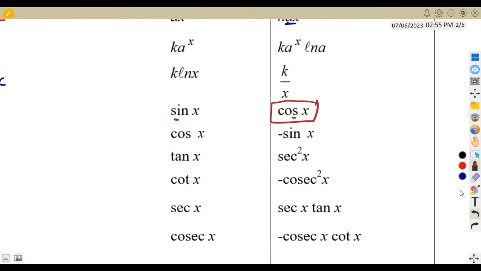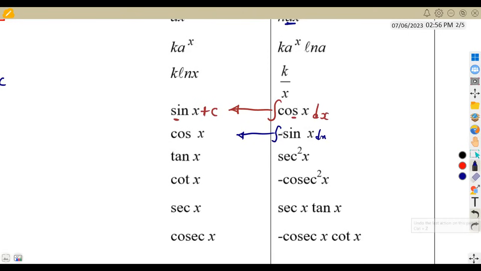This is the reverse. So if we integrate the cos of x with respect to x, our answer is going to be sine x plus the constant of integration. The same thing applies here, where there is a negative sign. If you integrate it with the negative sign as it is, it gives us a positive cos x.